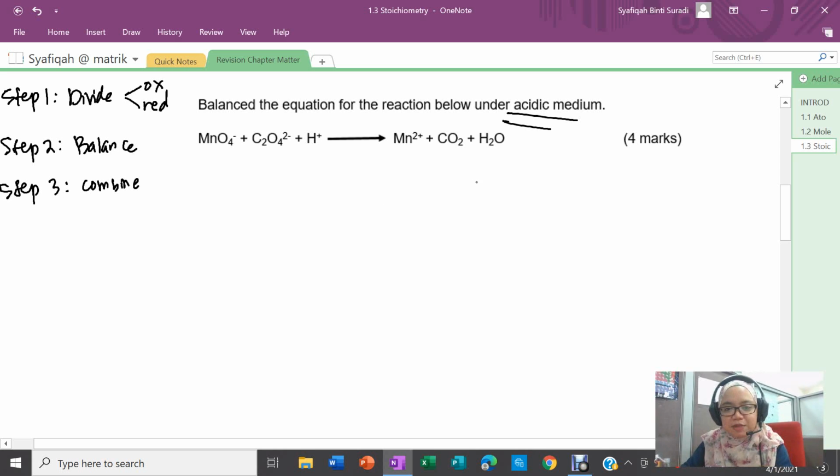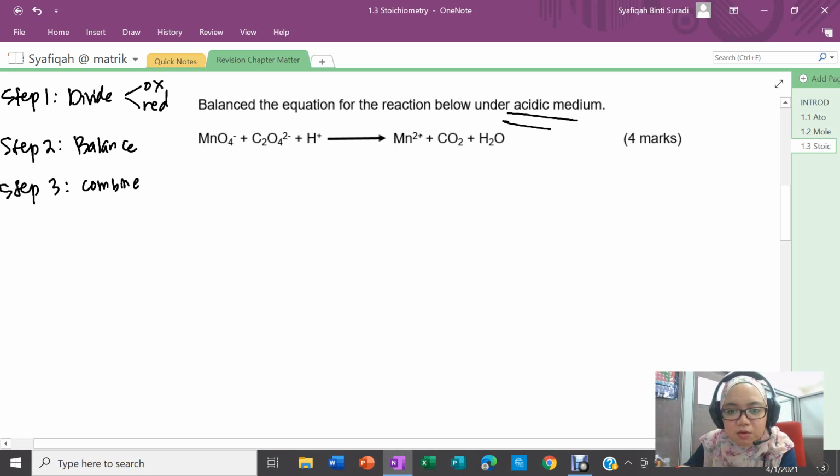Kita nak divide this equation jadi oxidation dengan reduction. Tapi masalahnya sekarang ni kita tak tahu mana satu yang undergo oxidation, mana satu yang undergo reduction. So, awak tahu oxidation dia gain in oxidation number, reduction dia decrease in oxidation number. Betul? So, sekarang ni, you kena cari oxidation state for Mn ni.